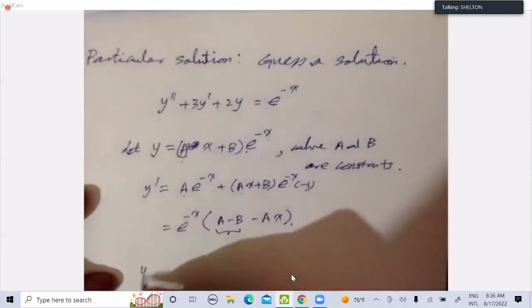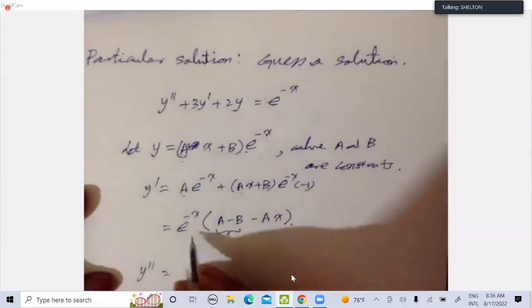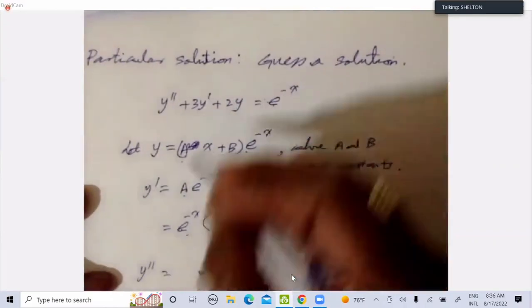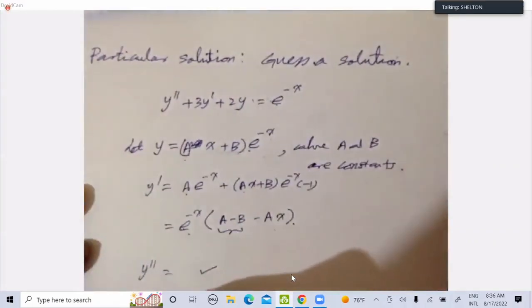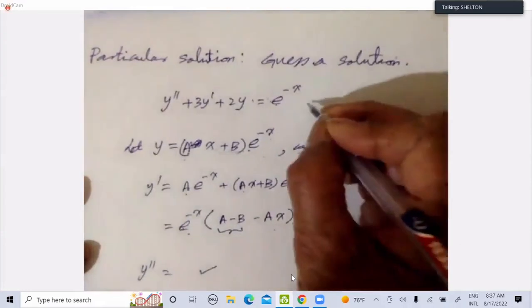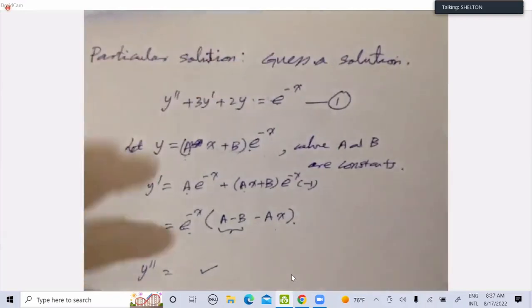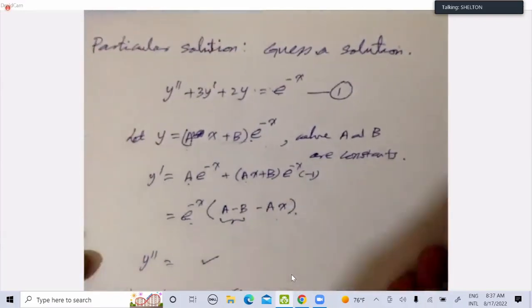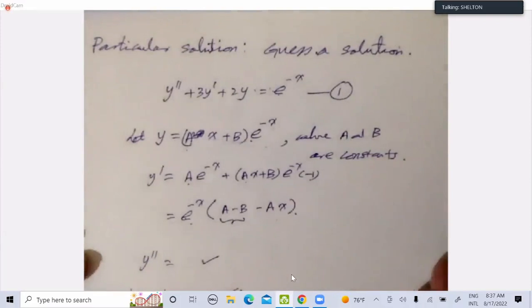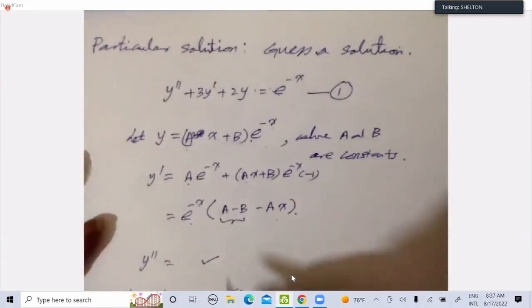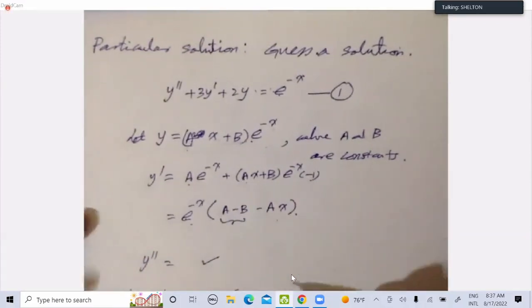Then find y double dash, again product rule, and then substitute into this equation. When you sub into 1 and do it, you get an equation from which you can find a and b both.